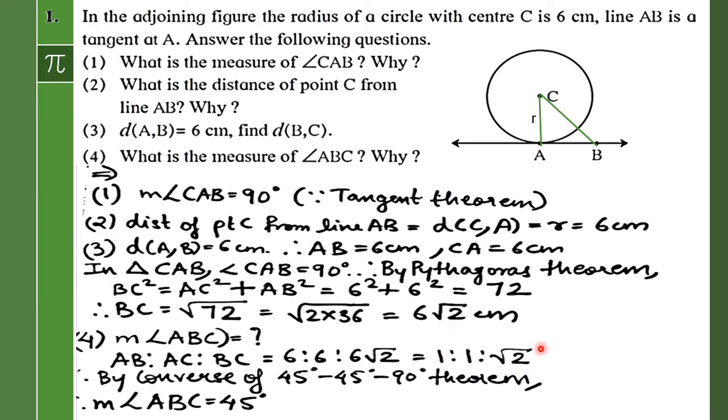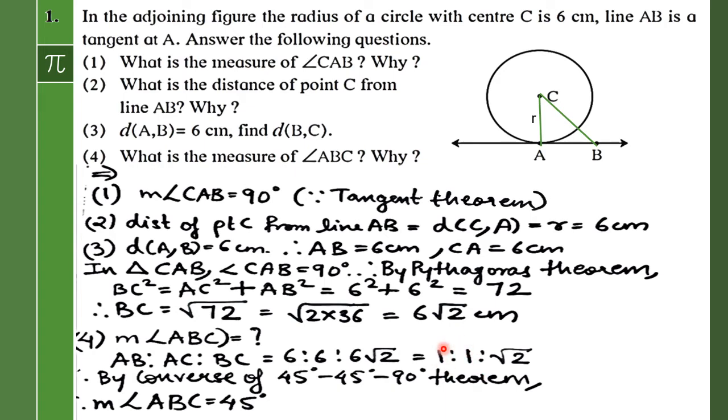Seeing this ratio, we can say that triangle ABC is a 45-45-90 degree triangle, by the converse of the 45-45-90 degree theorem. This converse says that whenever you have a triangle with its sides in this ratio, then that triangle is a 45-45-90 degree triangle.